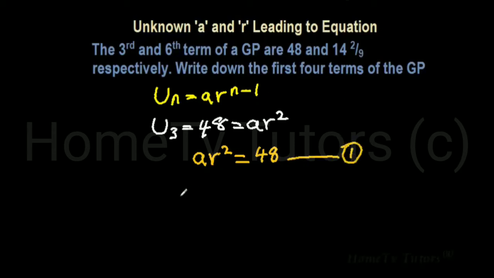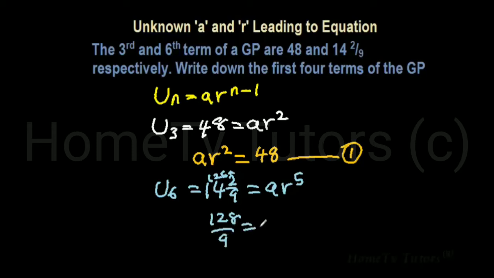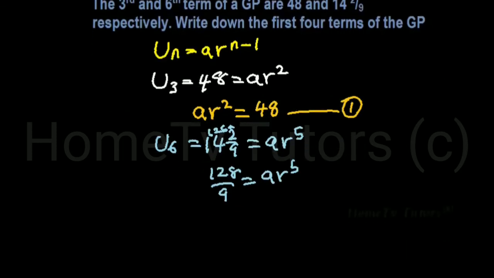Then the sixth term, which is given in the question as 14 2/9, is equal to ar to the power of 5. Now we convert the mixed fraction 14 2/9 to an improper fraction. So we have 9 times 14, 126, plus 2, 128/9, which is equal to ar to the power of 5. We write this also in reverse order.